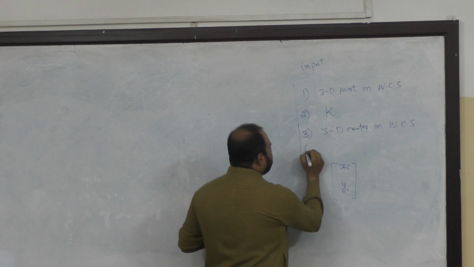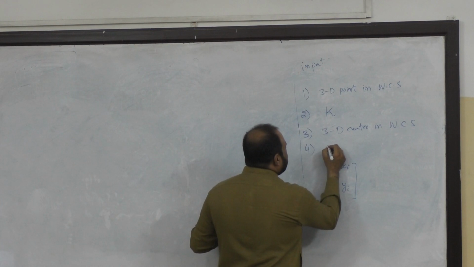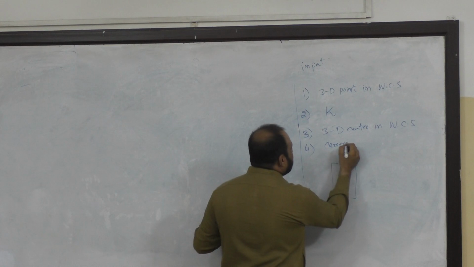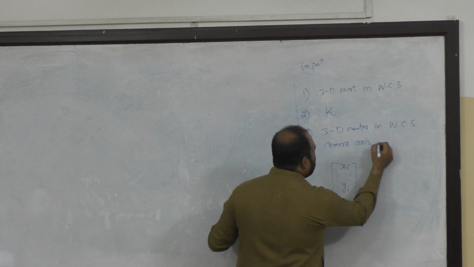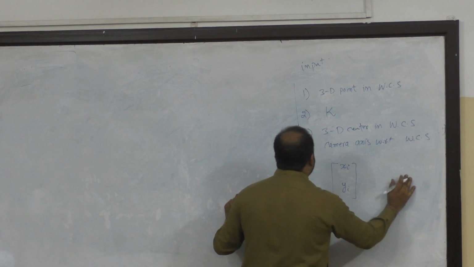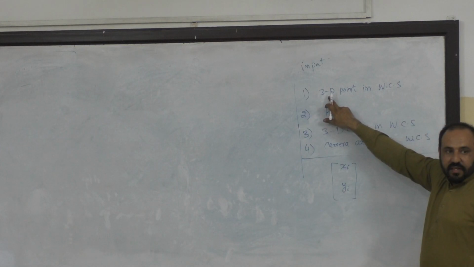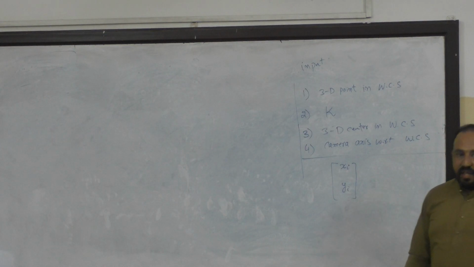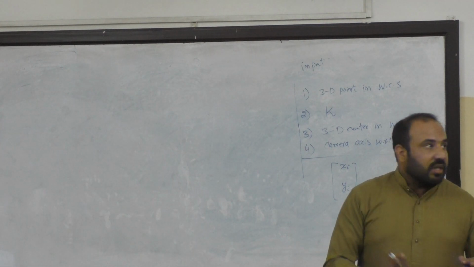Then fourth, camera axis with respect to world coordinate system. अगर ये चार चीजें हमें पता हो, then we can find out कि ये जो point है, इसके image में coordinates क्या आएंगे। ये कैसे find out करते हैं?